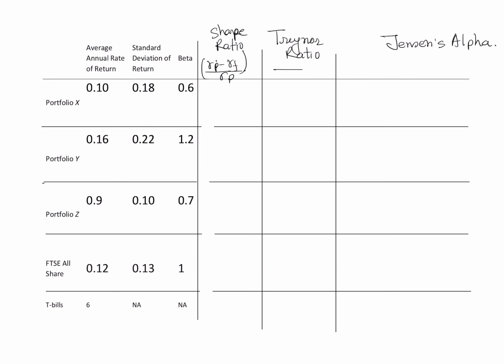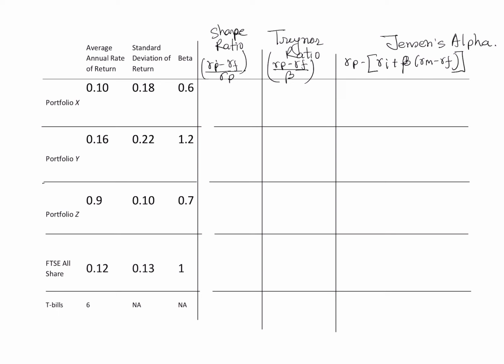And if we put Rp minus Rf divided by beta, we get the Treynor ratio. And Jensen alpha, we know this is Rp minus the expected Rp, and instead of expected Rp, what we need to write is the CAPM: Rf plus beta times (Rm minus Rf).